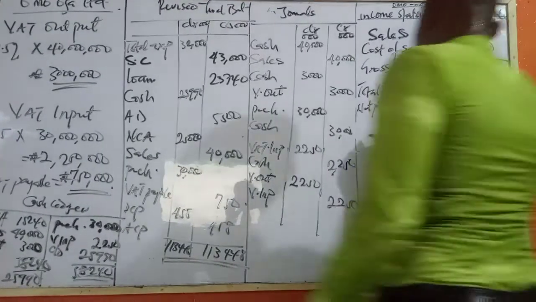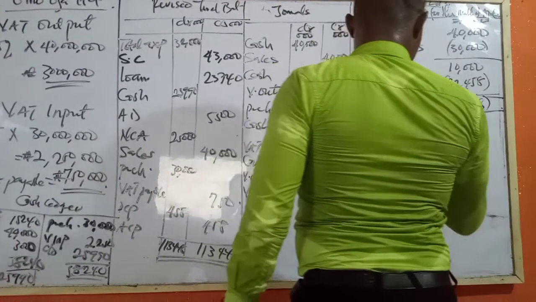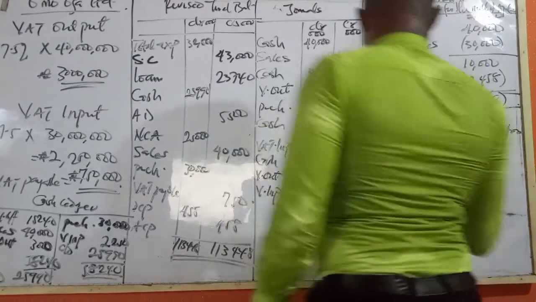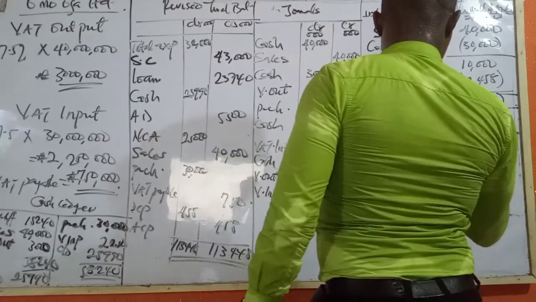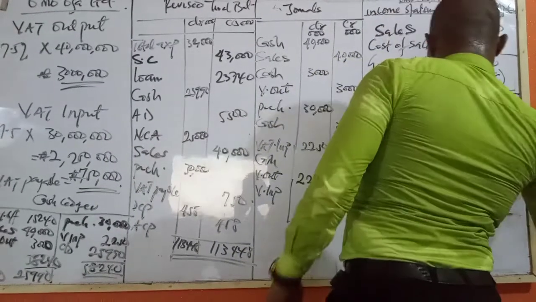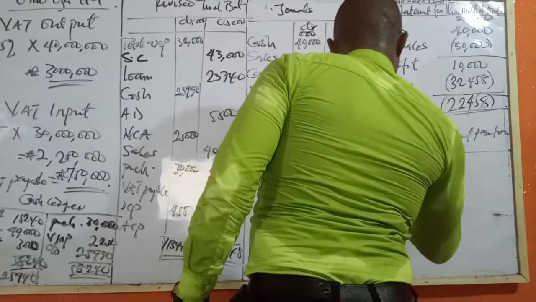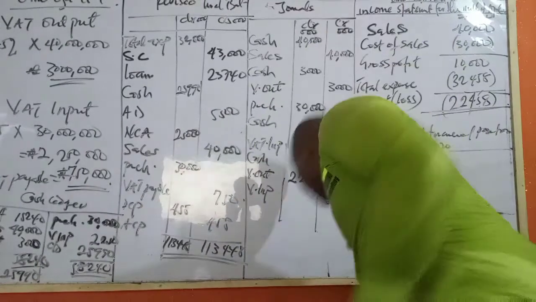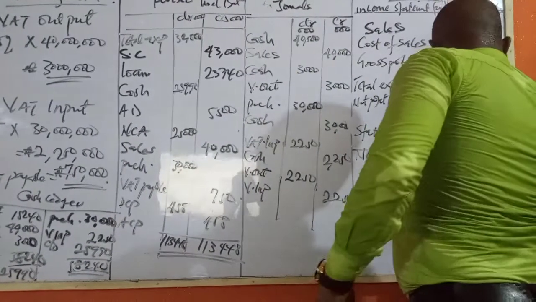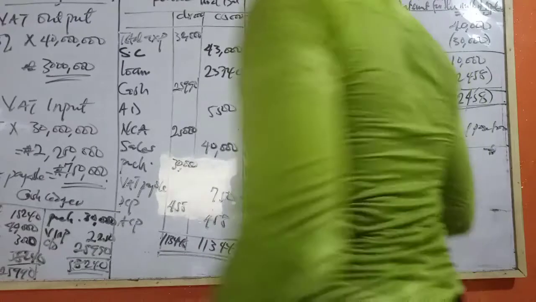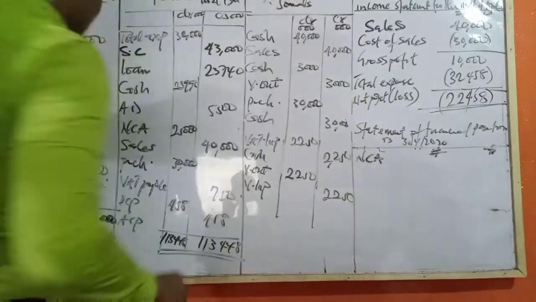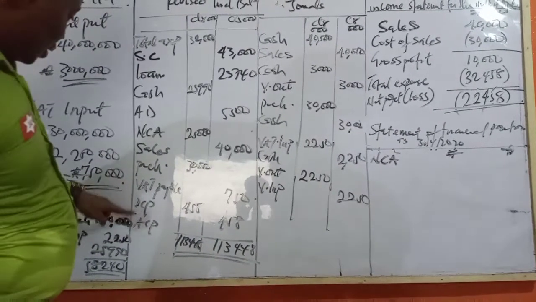So now the next one, I will have the statement of financial position as at 30th April 2020. So let's go. So we have non-current assets. What's the non-current asset here? Based on the listing we have, it's 25 million.